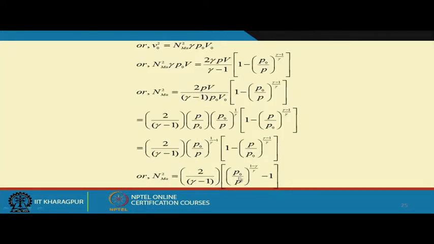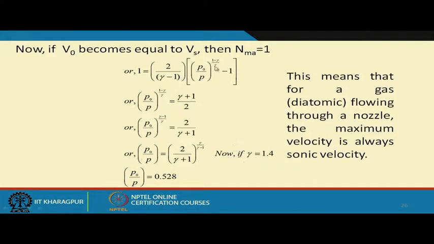Then we can rearrange. We had shown today that this gamma minus 1 by 2 becomes gamma minus 1 by 2 minus 1, that means gamma minus 1 plus 1, which becomes gamma plus 1 by 2.